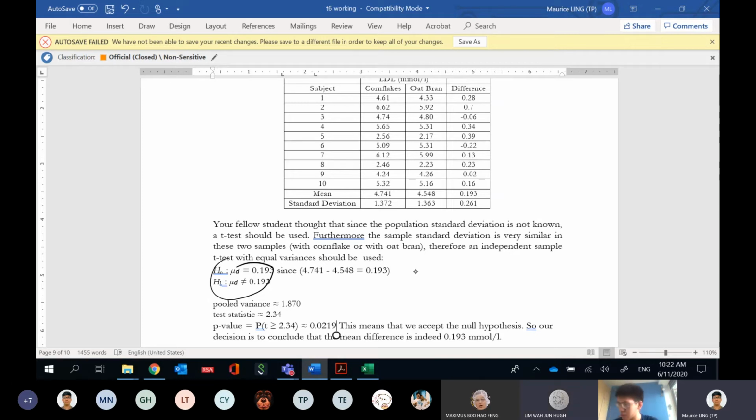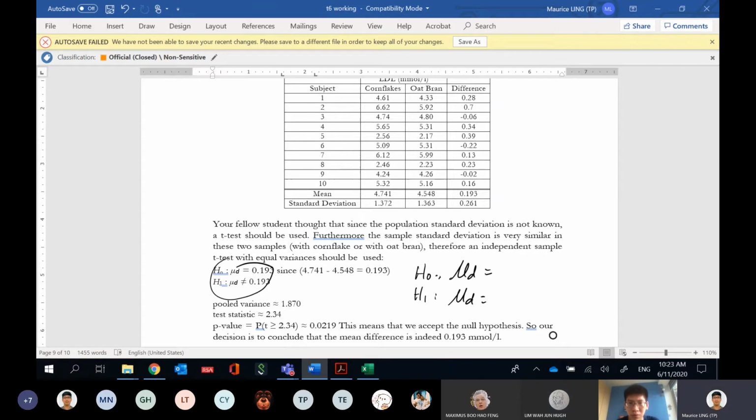Given that he wants to find the differences, I think we should have focused on a more collective difference, the total difference, instead of just the mean by itself. So what is the null hypothesis? If you are asked to write the null hypothesis for him, how do you correct it? The null hypothesis is H0: mu d equals to what? I think it's sigma config versus sigma outbound or something.